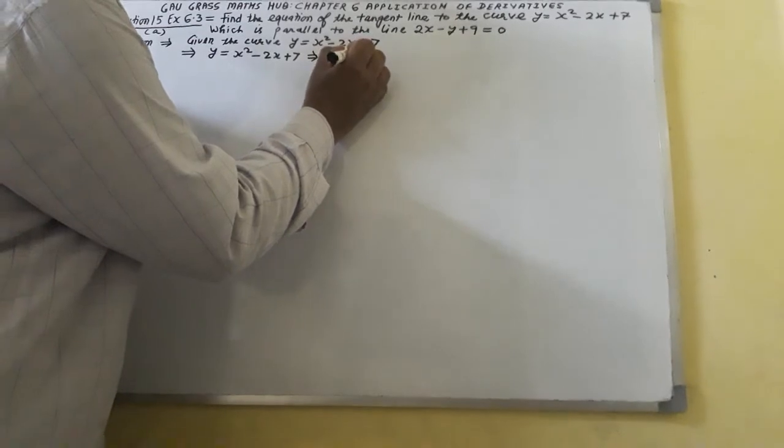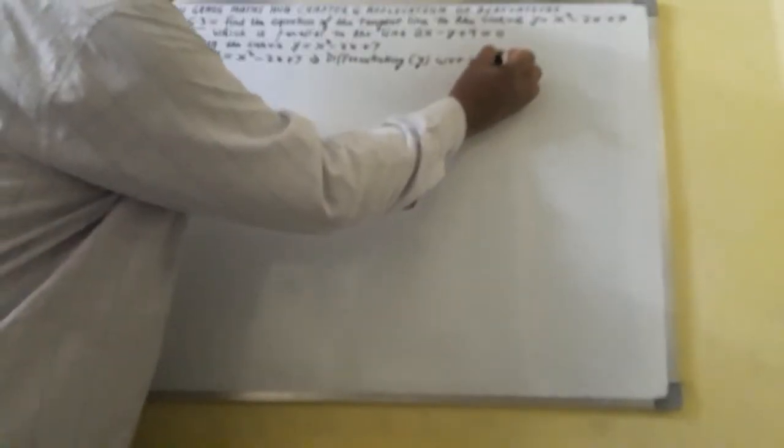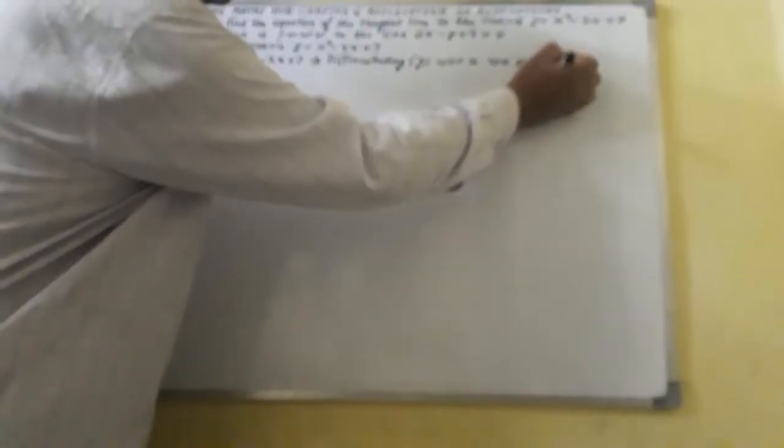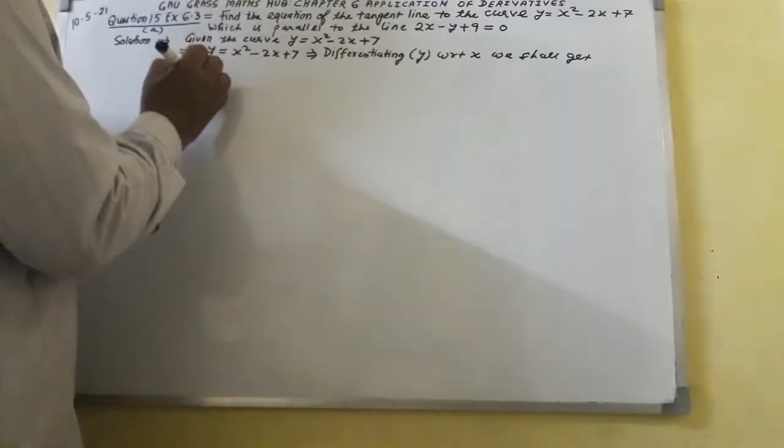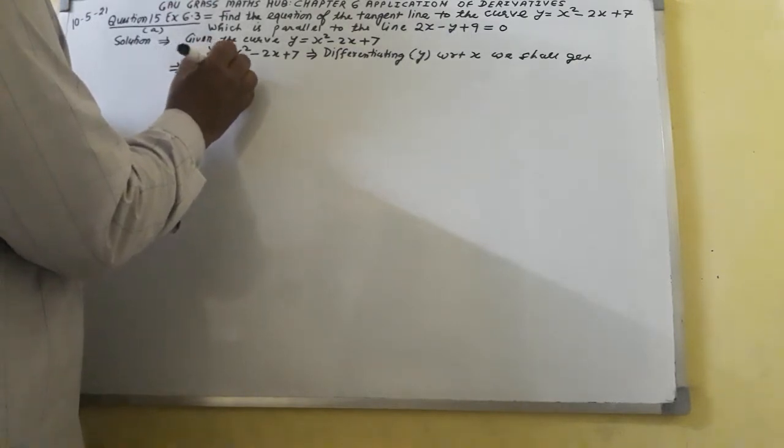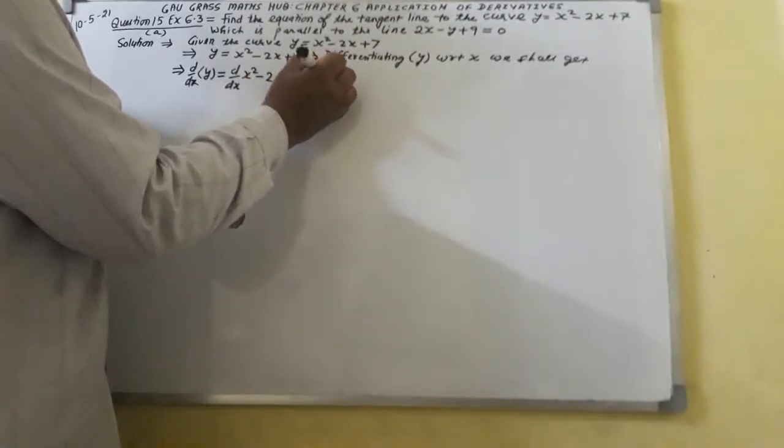Differentiating y with respect to x, we shall get: d over dx of y equal to d over dx of x square minus 2 d over dx of x plus d over dx of 7.